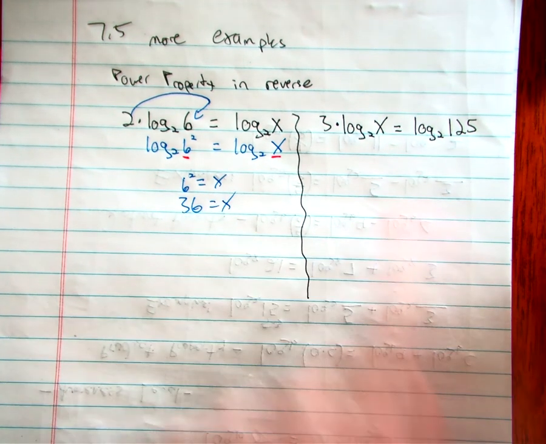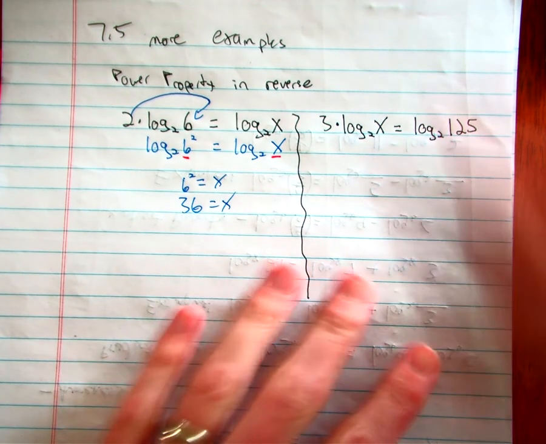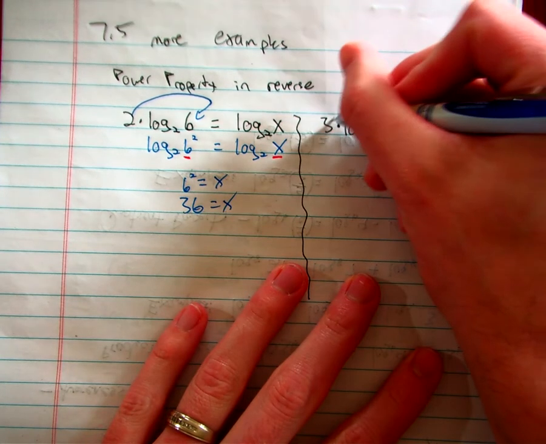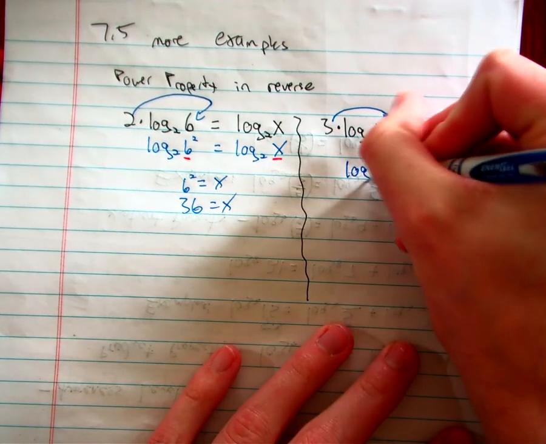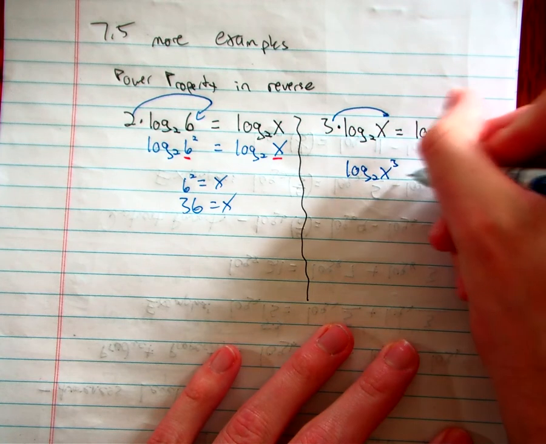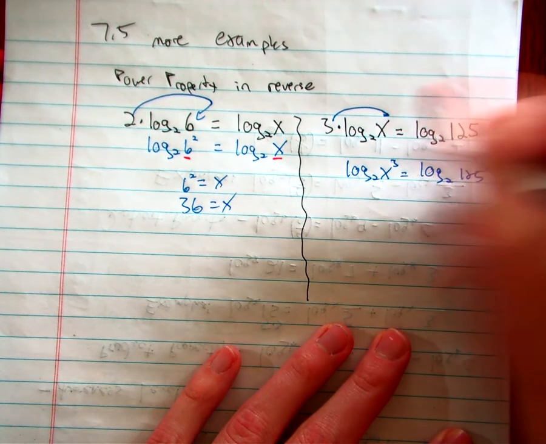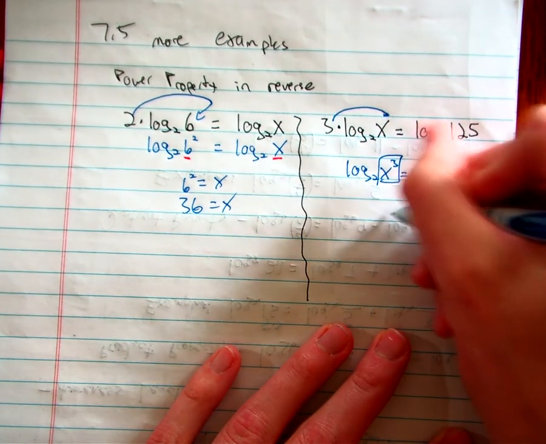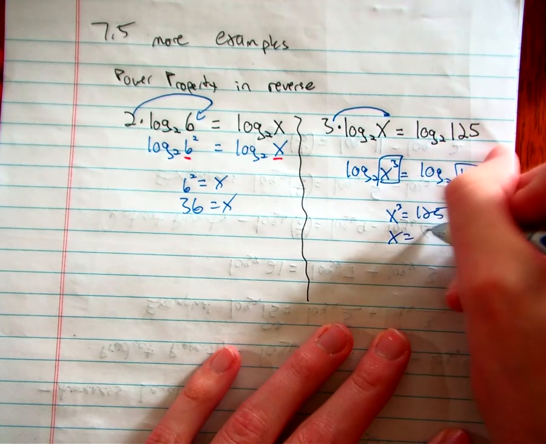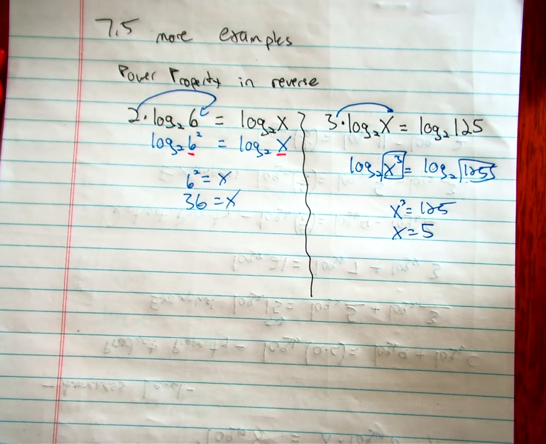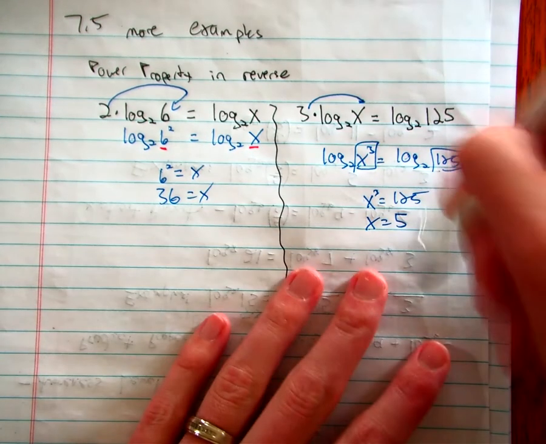Same concept over here. Let's see if you got that. We're going to use our power property to throw the 3 up on top. Log base 2 of x to the third is going to be equal to log base 2 of 125. X to the third equals 125. X equals 5. What cubed would be 125? Otherwise, you could do the cube root.